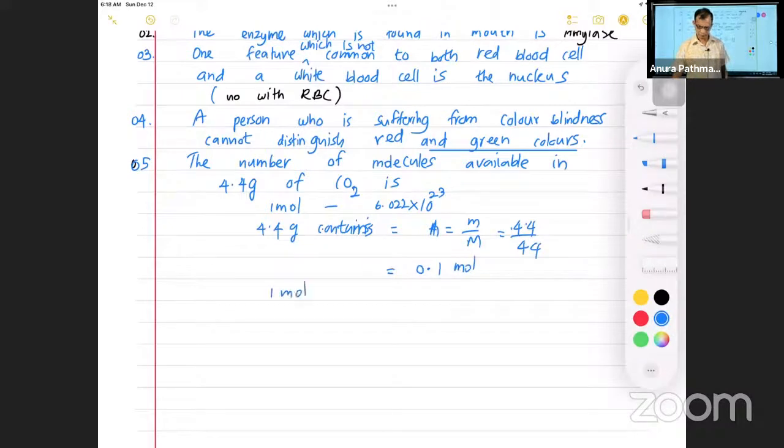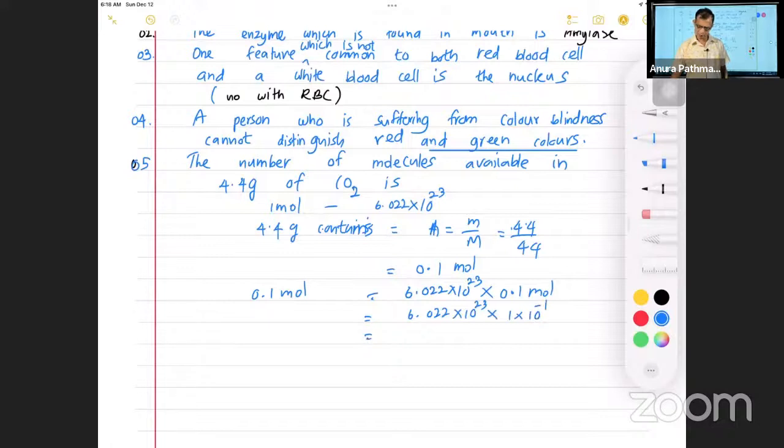Multiply 6.022 times 10 to the power 23 by 0.1, which is 10 to the power negative 1.